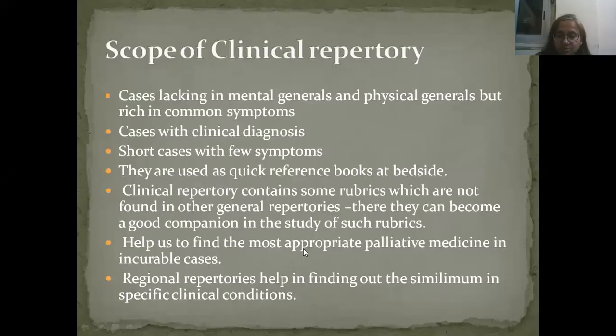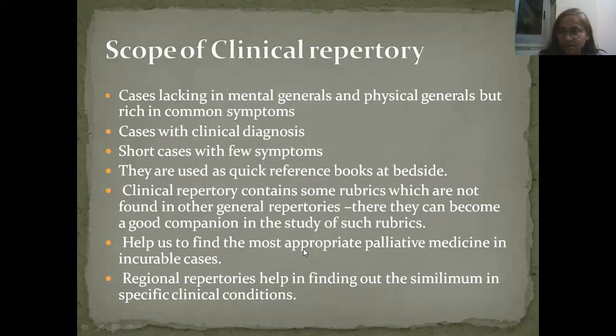They also help us to find the most appropriate palliative medicine in incurable cases. There are so many cases where we can't provide a complete cure because the case is either incurable or they are at a very advanced stage or something like that. In those cases also, we have to give the remedy to reduce the pain, to palliate the case, to reduce the symptoms which are there.